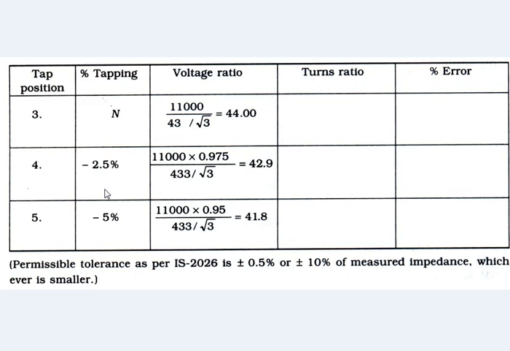Now at any point, supposing that out of these 5 rows it is not coming out, then there will be a problem for you. You will have to go back and redesign your high voltage winding or whatever. So this is a very difficult task. So when you are designing your high voltage and low voltage windings, please take care at that point, because otherwise, when your whole transformer is designed and you come to this table and find that the percentage error is more than the required limit, you will have to go back to your high voltage winding design, revisit it and redraw it.